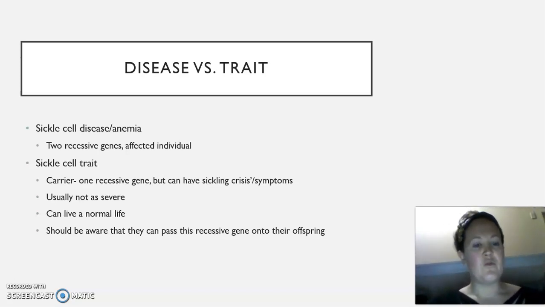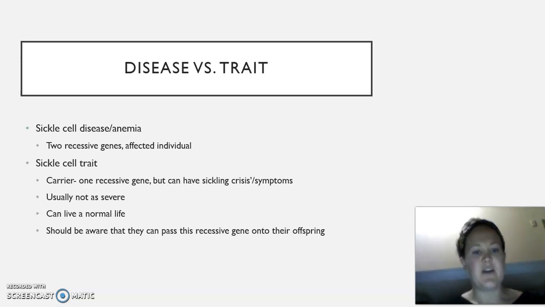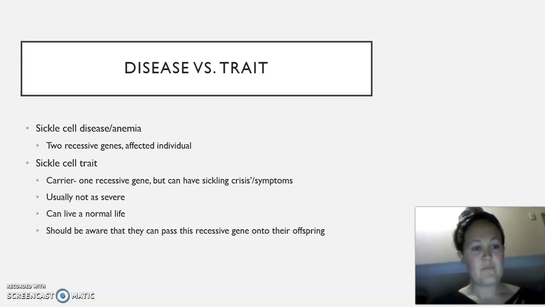However, if you only carry 1 of the recessive genes, you're not considered an affected individual, but you can still have signs and symptoms of sickle cell disease. So you can still have some sickling crises. They're usually not as severe as in someone that has the 2 recessive genes. And most of the time, you can live a pretty normal life without ever having any signs and symptoms.